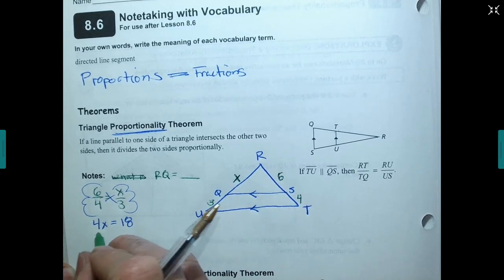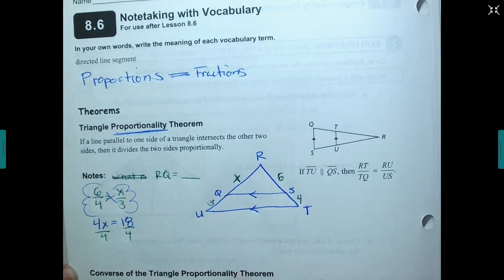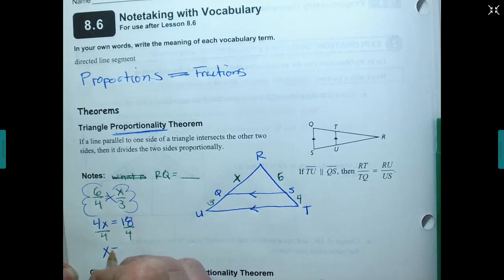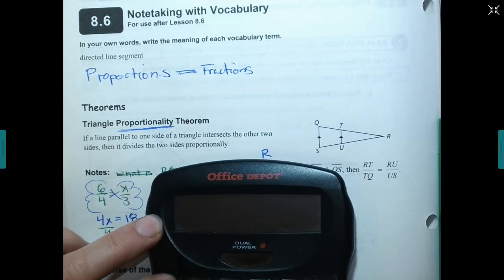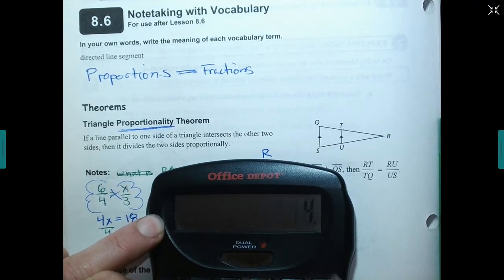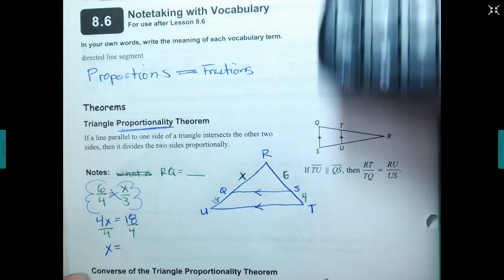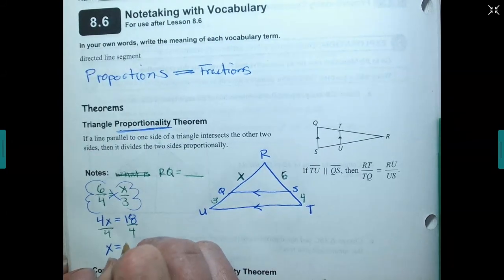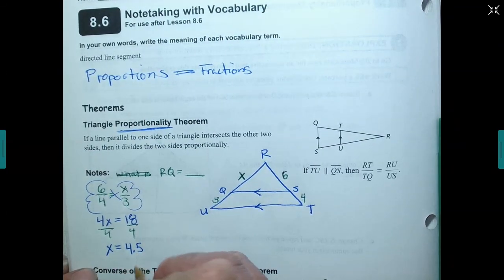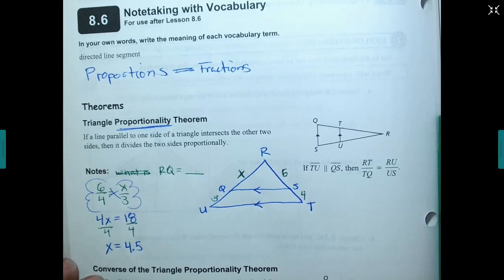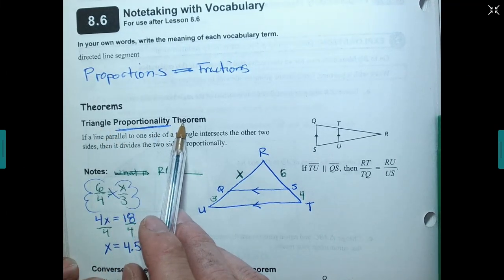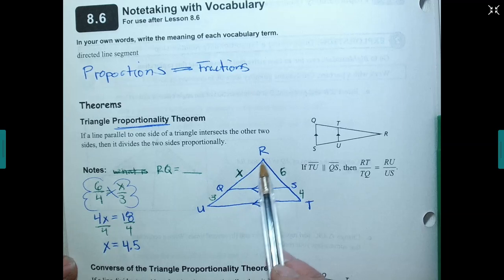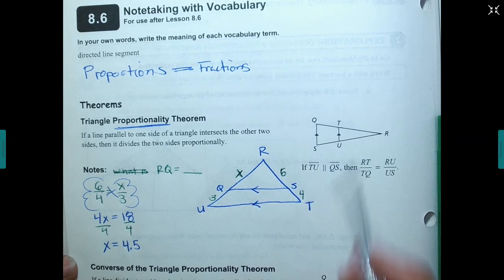Then we divide both sides by 4. X equals 18 divided by 4, which is 4.5. So we just found out this value because of the triangle proportionality theorem. This length right here is 4.5. Okay, there's one.